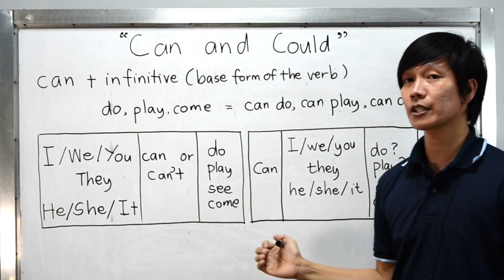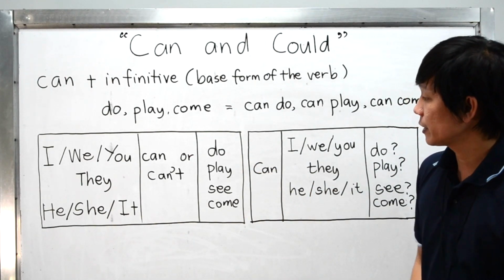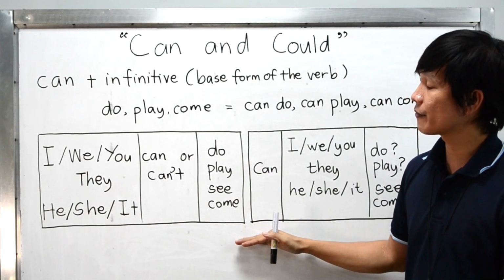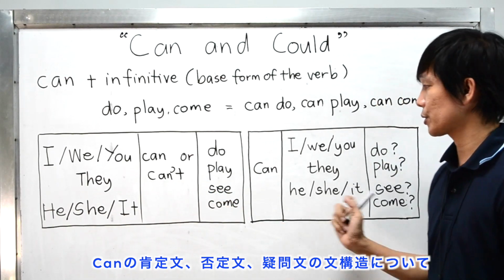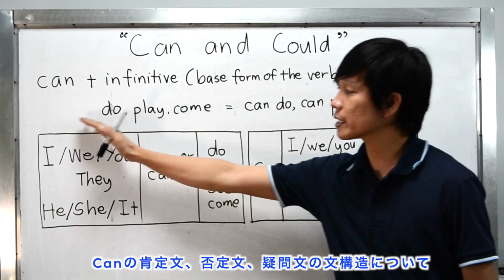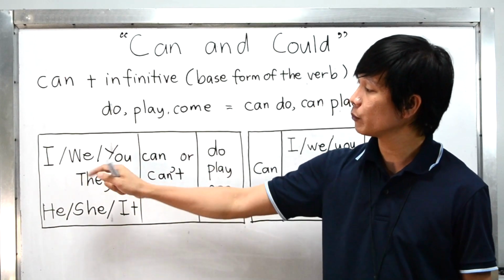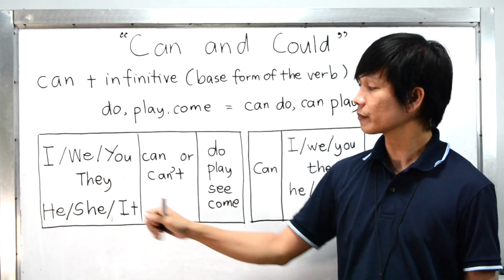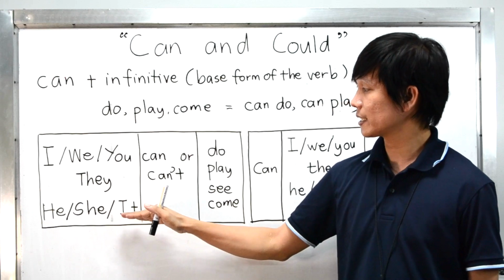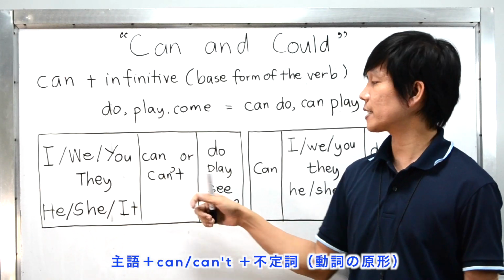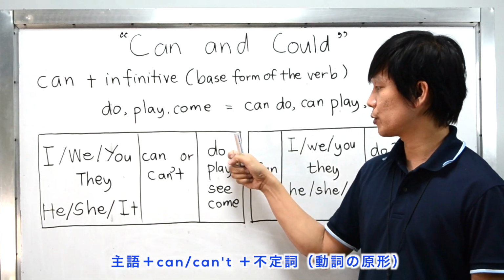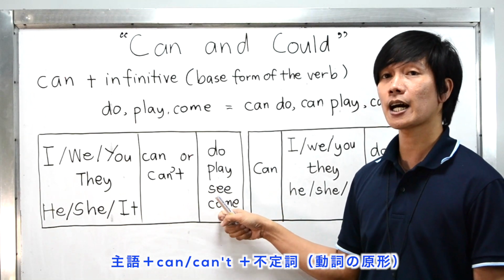So I have here two tables that show the structure of can in positive, negative, and also in questions. So we have here the subjects I, we, you, they, he, she, it, can or can't plus infinitives do, play, see, come.